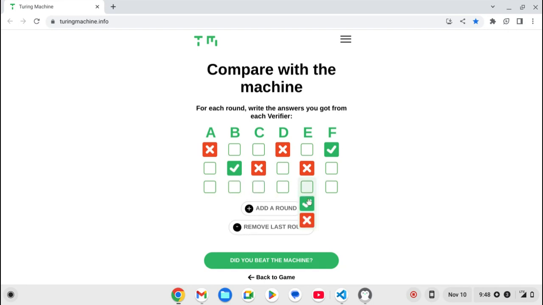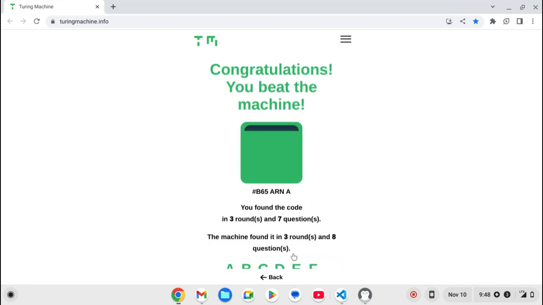And third round, we finally got E correct. And wow, okay, so we still beat it by 1.